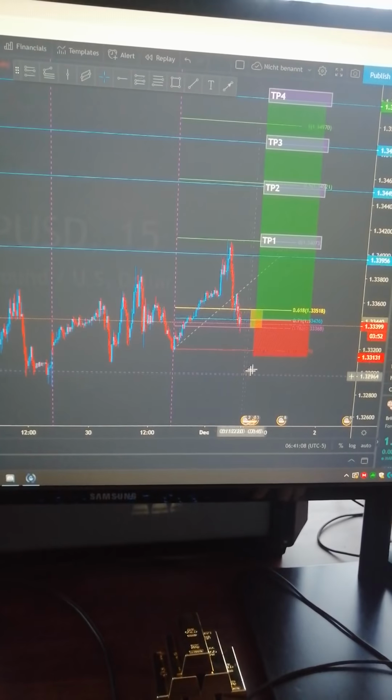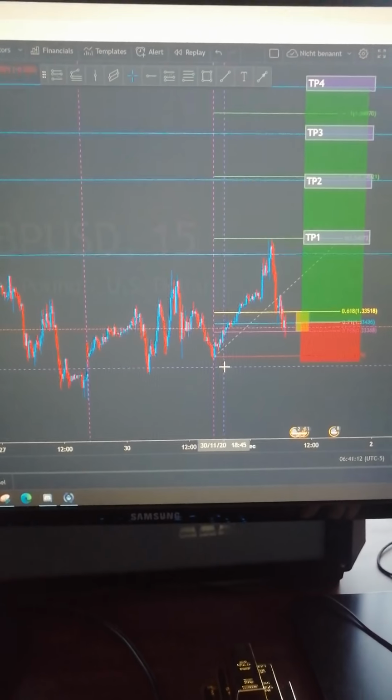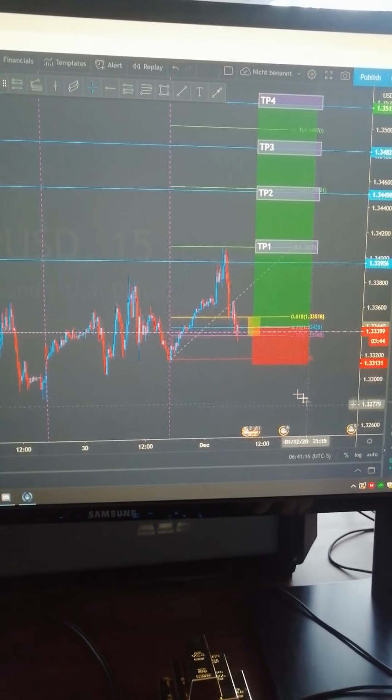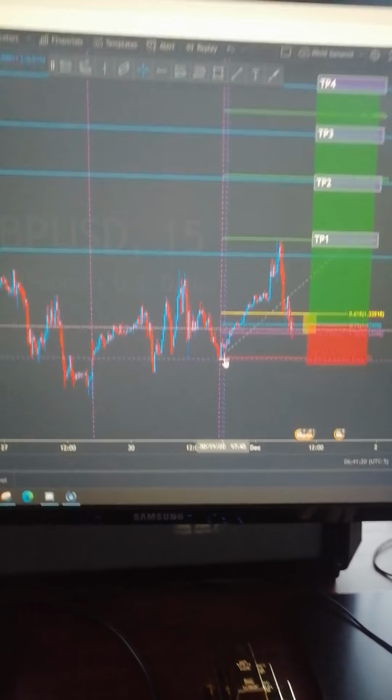Then we have the best possible entry, and we are on the right side of the market, probably, if it takes off.